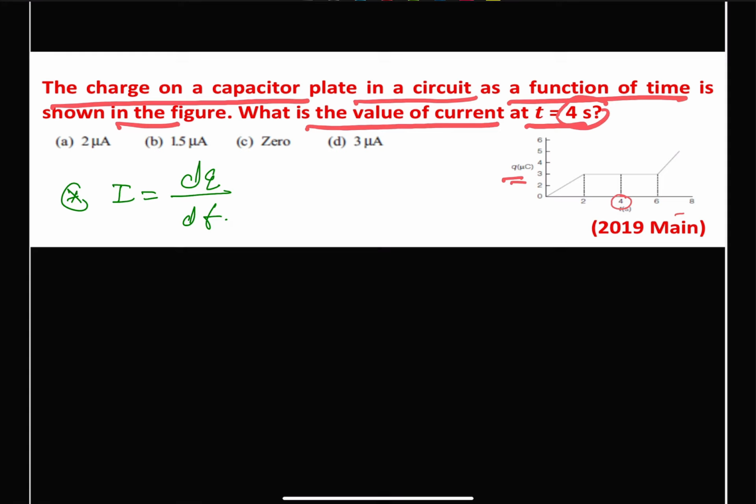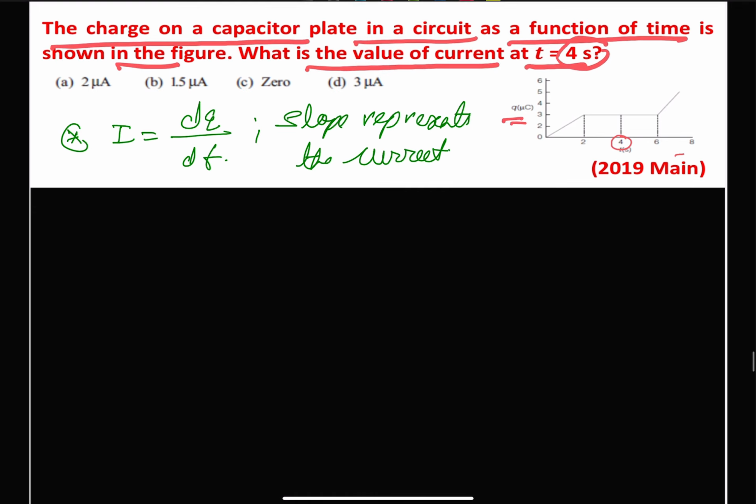And we can also say that the slope of the graph between the charge and time represents the current. You can say slope represents the current. And we need to find out the slope at t equal to 4.